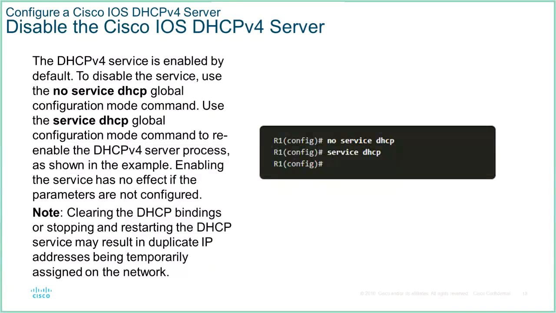As with all the other commands in Cisco Land, you put no in front of it, so no service DHCP will disable the DHCP globally on your router. Basically, it's good practice if you're not using a service to shut down the service.